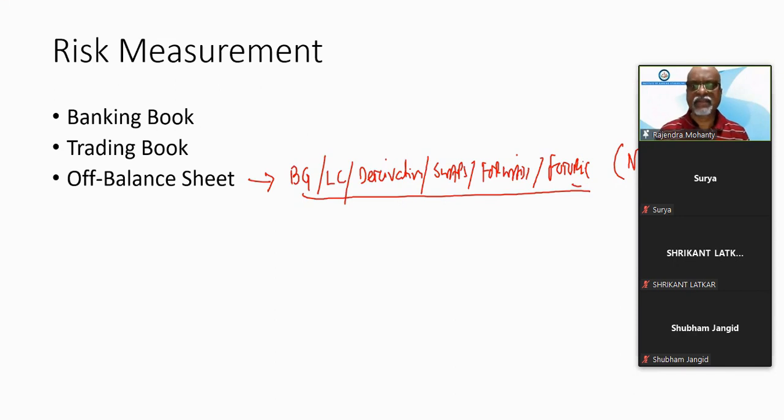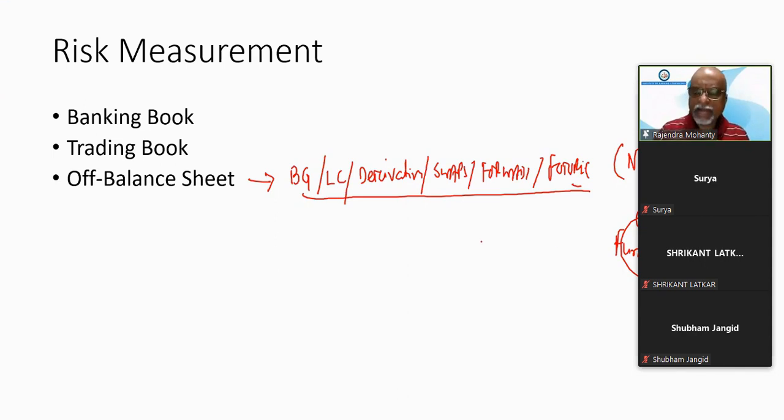That means these are exposures which are off-balance sheet exposure, or contingent in nature at present, but this exposure may become fund-based exposure. This non-fund-based exposure may become fund-based when the commitments are not fulfilled by the counterparty. When such a thing happens, this contingency adversely affects the revenue generation of the bank.